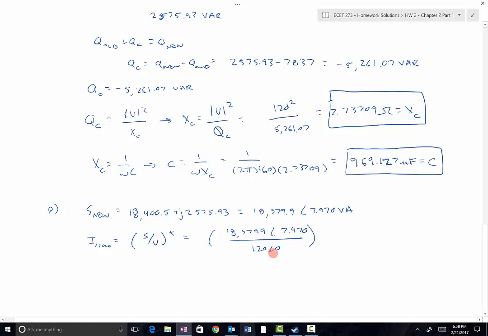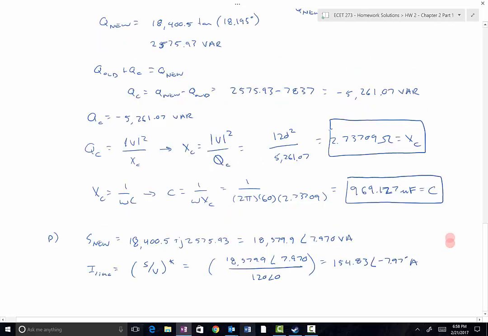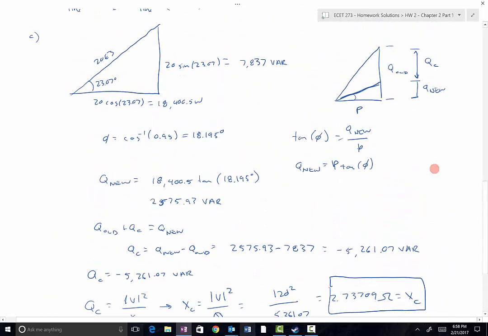We want to maintain the load voltage at 120 volts. We've got this new power triangle. The real power stayed constant, but we've got a reduced reactive power. And so we get a reduced line current of 154.83 at an angle of negative 7.97 degrees amps.